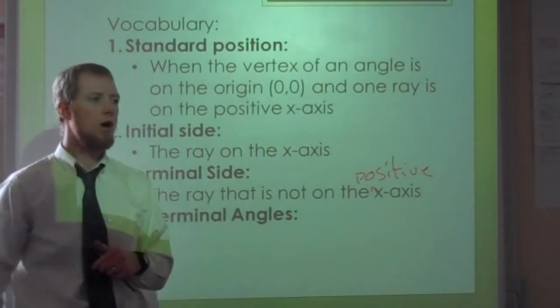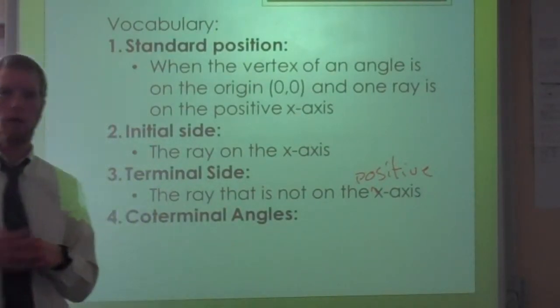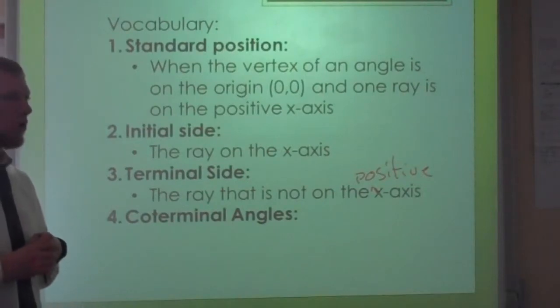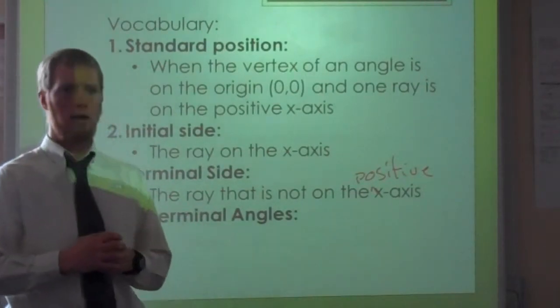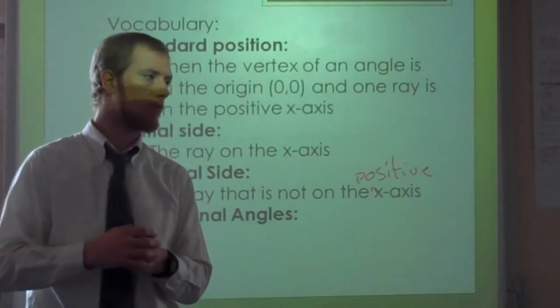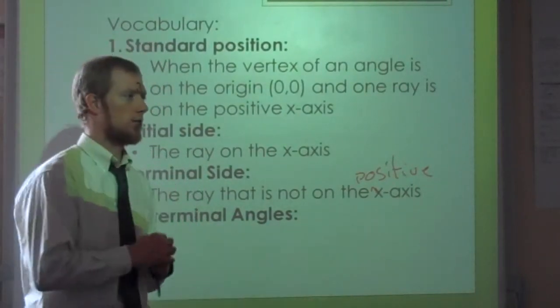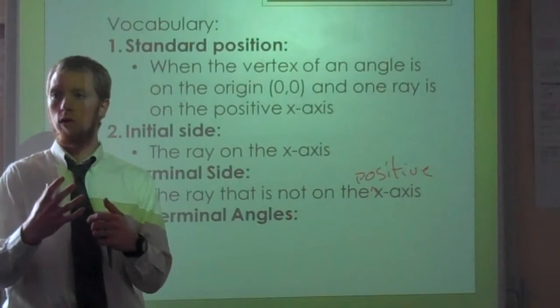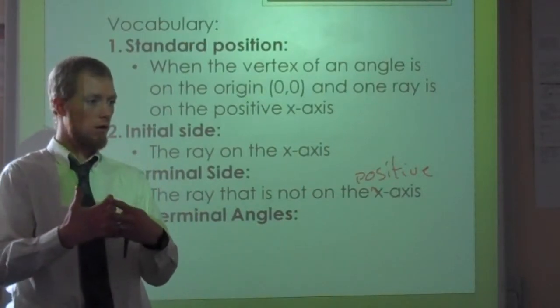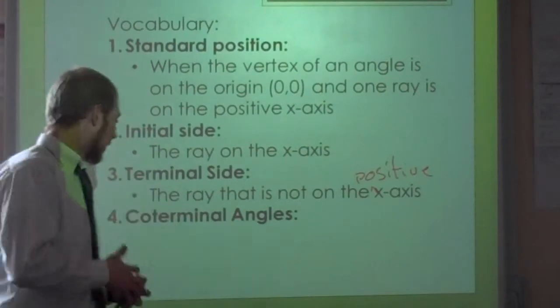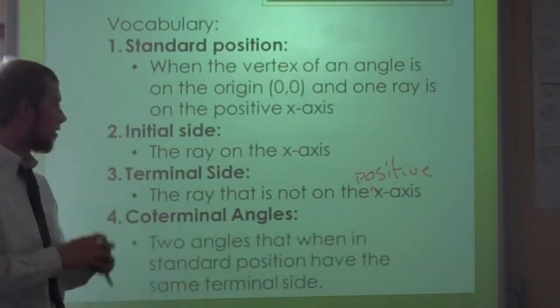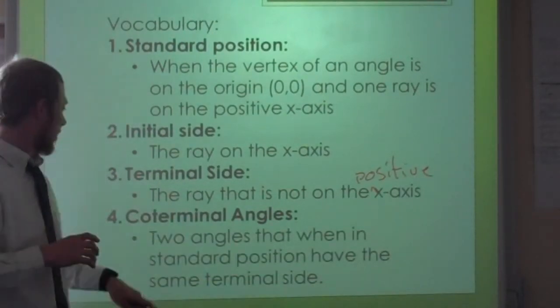The last thing we need to know is coterminal angles. Think about cooperate, commiserate. Anytime you see the word co, it means together. It means kind of linked, that they're dealing with the same thing.